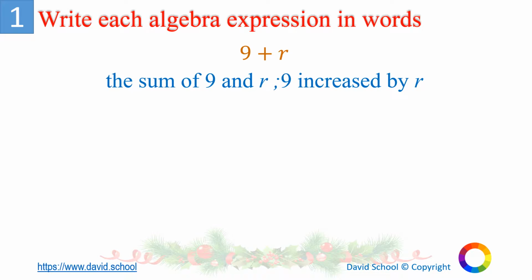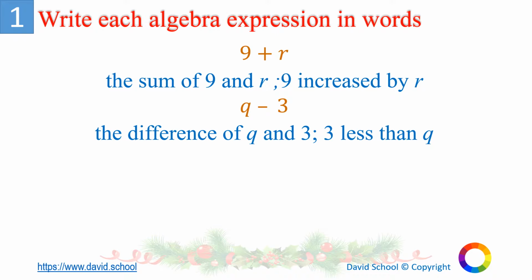Write each algebraic expression in words. 9 plus r: the sum of 9 and r, 9 increased by r. q minus 3: the difference of q and 3, or 3 less than q. 7m: the product of m and 7, m times 7.